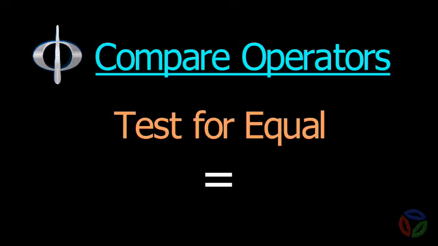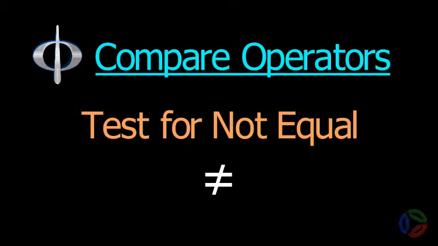The equal sign is not an assignment operator, and it is never anything other than the compare for equal operator. The compare for not equal operator, then, is a Unicode not equal symbol in phi.